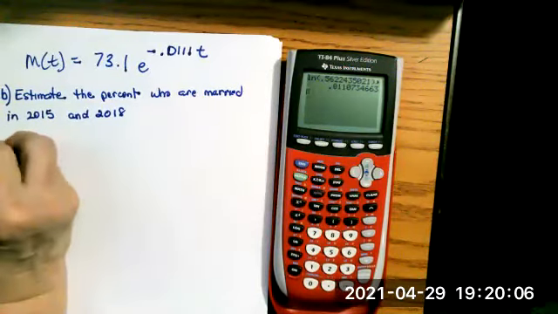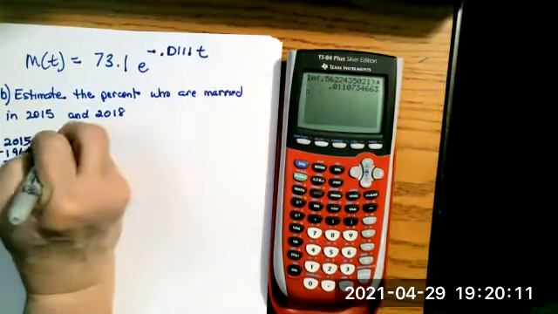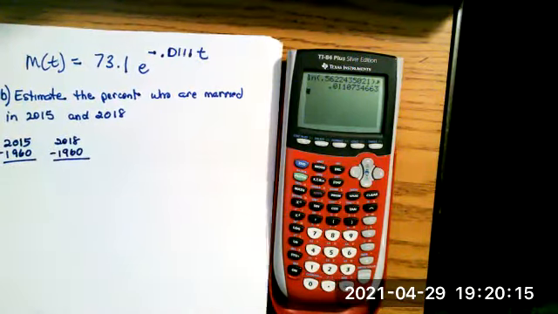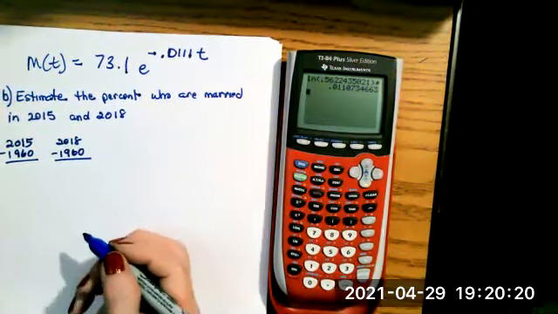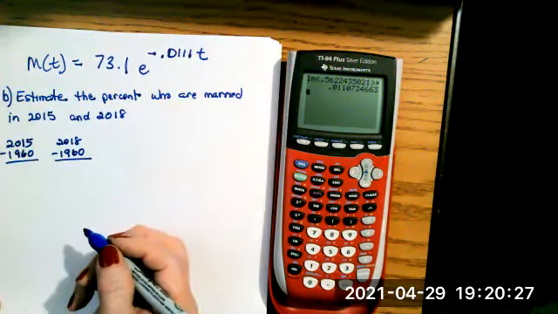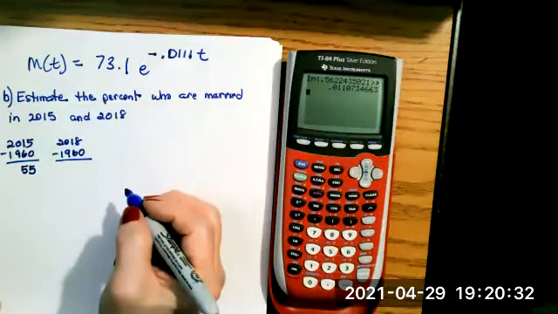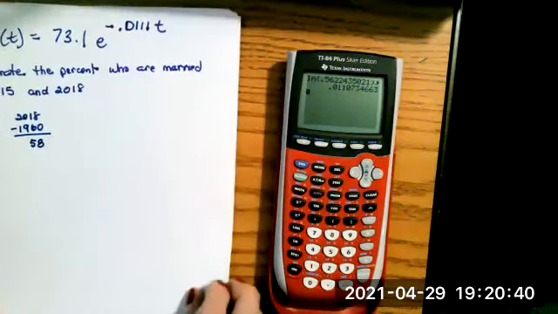So we've got to do 2015 minus 1960 and 2018 minus 1960 to get our years, our T for those years. So 2015 minus 1960 is 55, I think. And 2018 minus 1960 is 58. So those are our T's for those two problems.